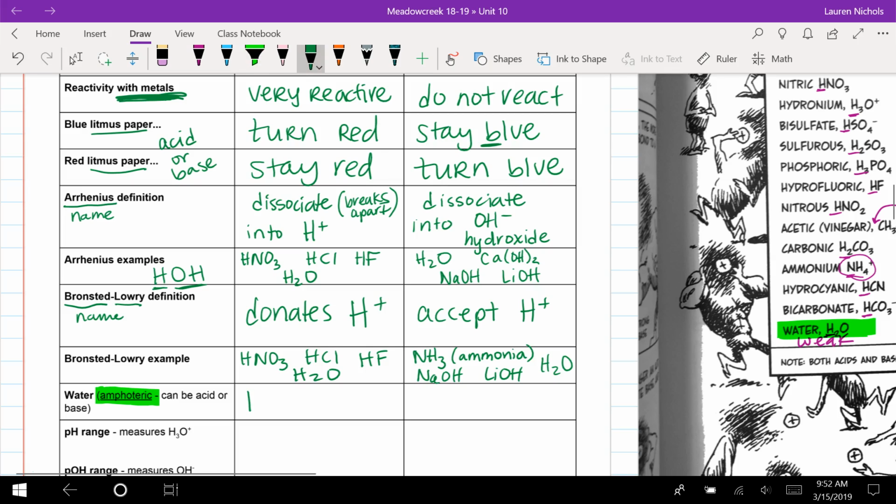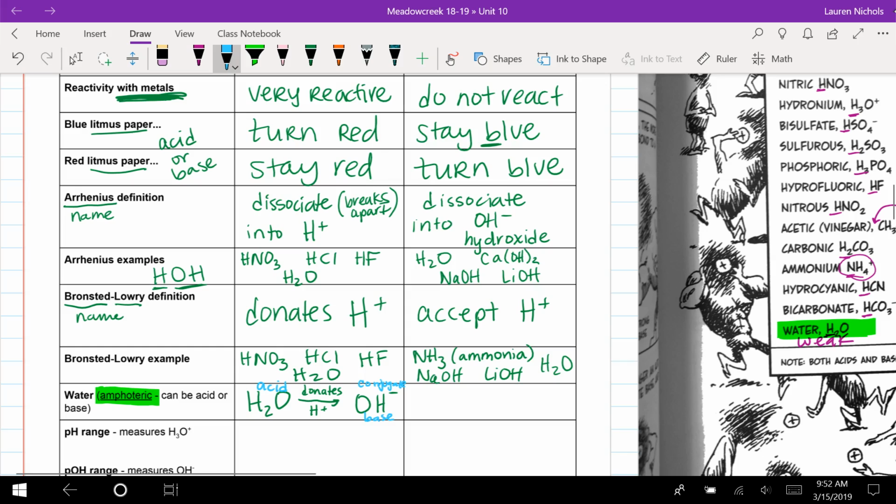When water, which is H2O, is behaving as an acid, that means it's going to donate hydrogen. Okay, so when it donates a hydrogen, it produces OH minus. So in this case, water is behaving as an acid, and OH minus is the conjugate base that it produces.